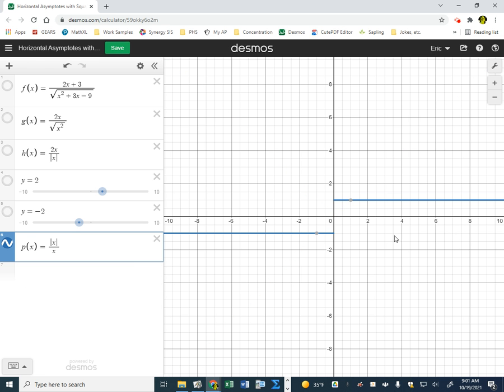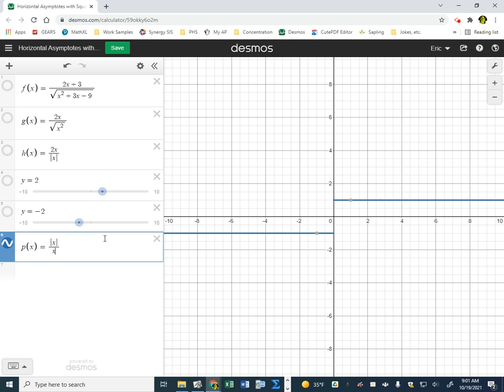Right? That's all that parent function is, just a step function where the positive step sits at y equals 1 and the negative step sits at y equals -1, right? That's it. So we're taking that parent function and we're just going to transform it.